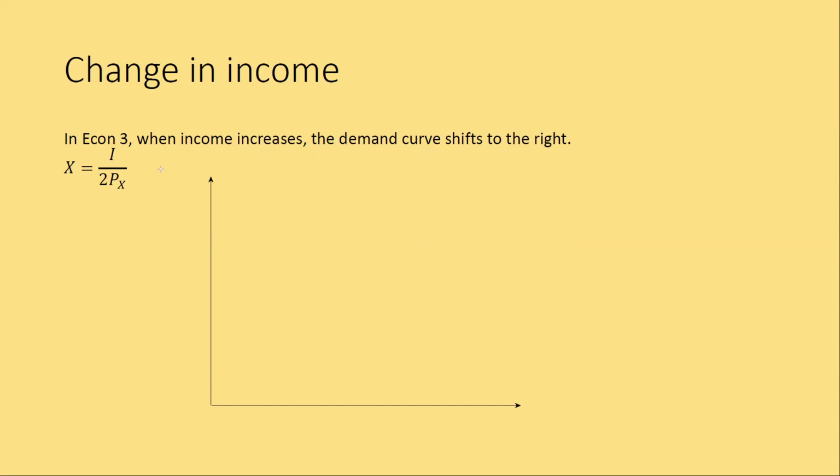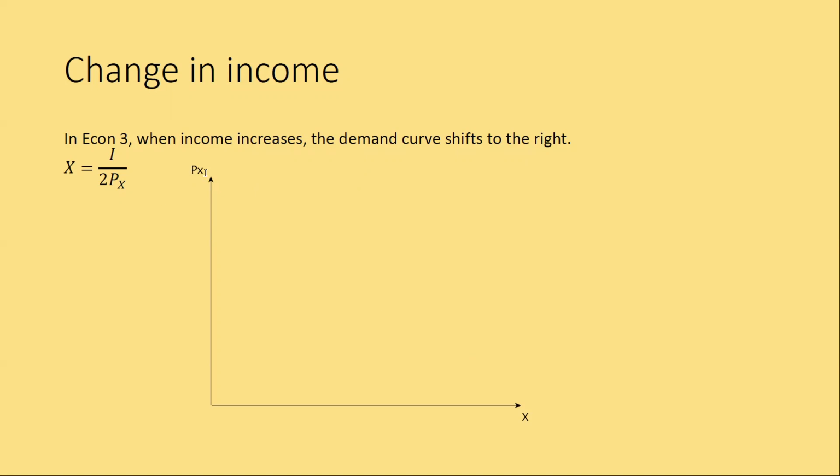So for different levels of income, basically we are looking at different values of I, and on the horizontal axis is our quantity. On the vertical axis is our price of good X, PX. So this describes our demand curve, right?